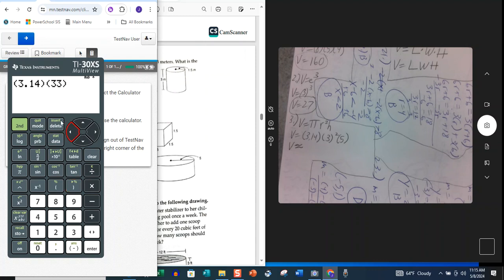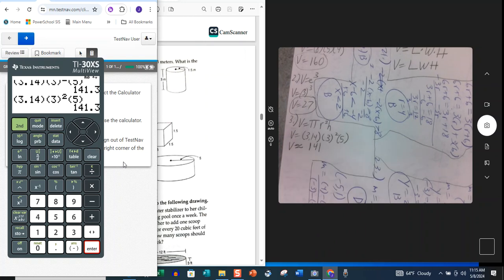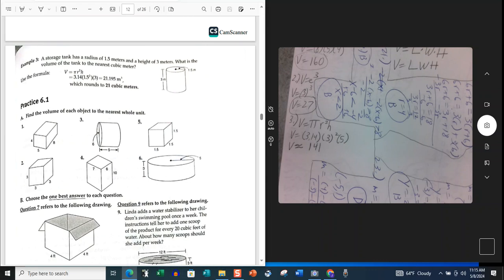I see I got 33 there. We'll put x squared, and then we would do another parenthesis and 5. And it's 141.3, so it'd be approximately 141. So that would be our volume here, 141.